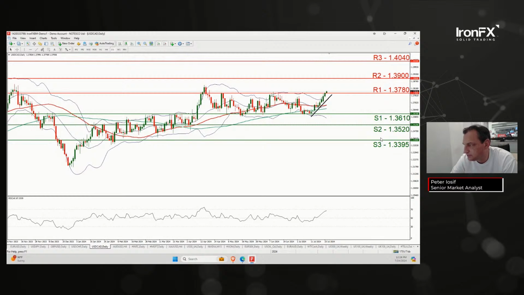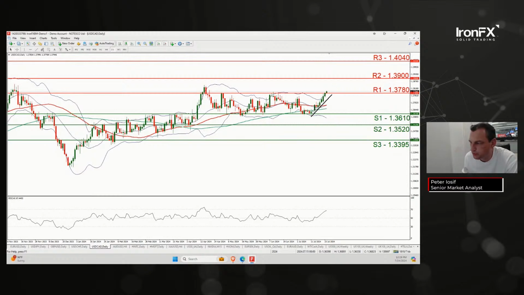USD CAD has two characteristics in my opinion. A, it has a continuous upward movement, maybe with one exception being right here. But other than that, you can see continuous upward candlesticks.